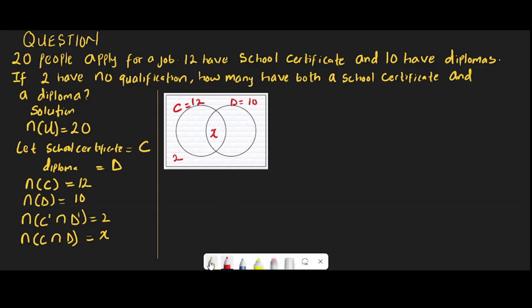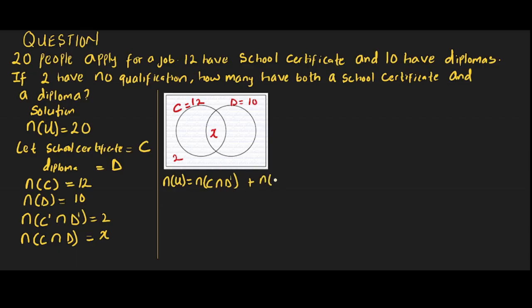You agree that the universal set equals the school certificate only, n(C intersection D prime), plus n(C intersection D), plus the diploma alone, n(C prime intersection D), plus n(C prime intersection D prime), which is the universal set. That is this region alone.